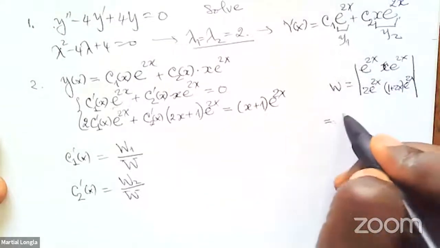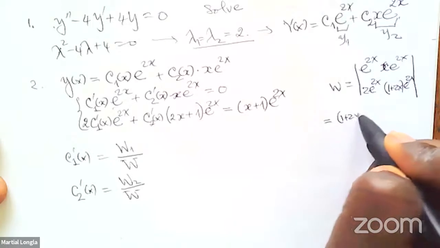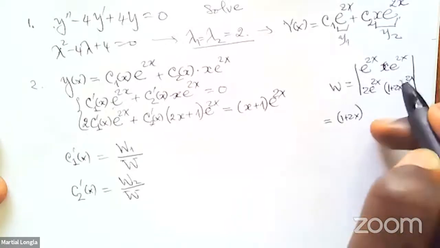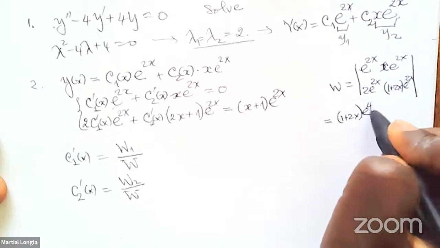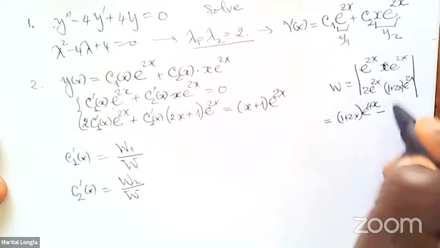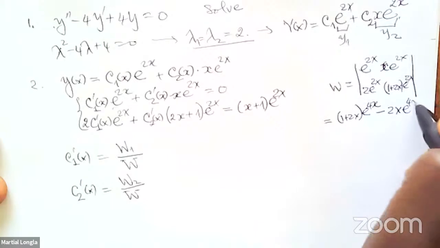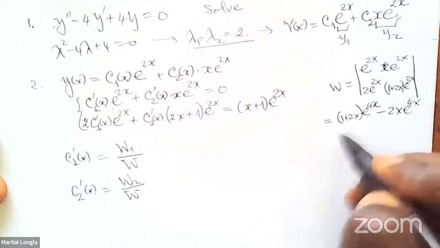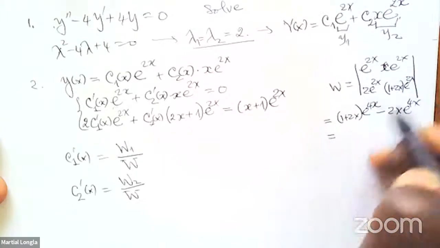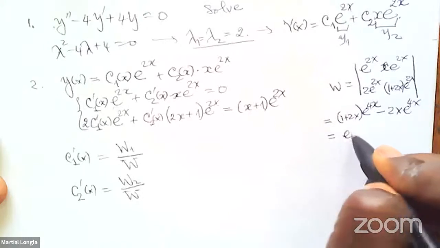So here it is (1 plus 2x) times e to the 2x times e to the 2x, which is e to the 4x, minus 2x e to the 4x, and the 2x e to the 4x terms cancel. So we get that the Wronskian is e to the 4x.